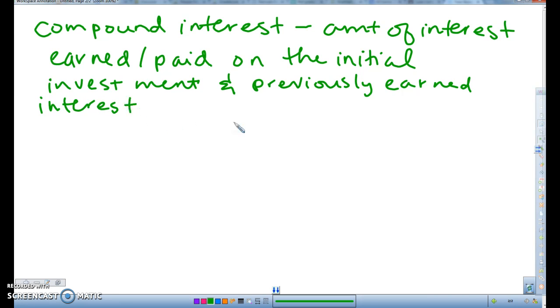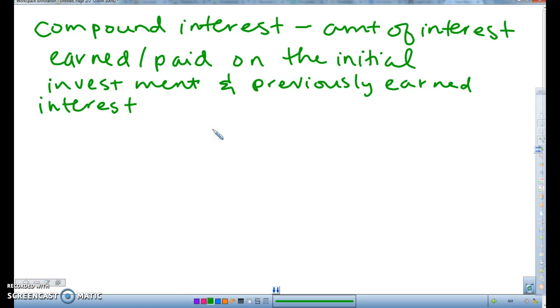So if any of you guys have bank accounts and you're kind of old school like me, I get a paper statement every month that says how much I put in my bank account, how much interest was paid, and then how much interest is paid year to date. So, maybe I put $4,000 in my account, and then over the course of the month, I earn maybe $5 in interest.